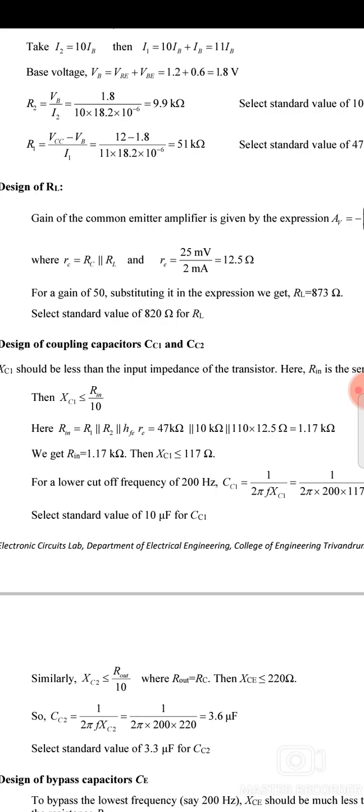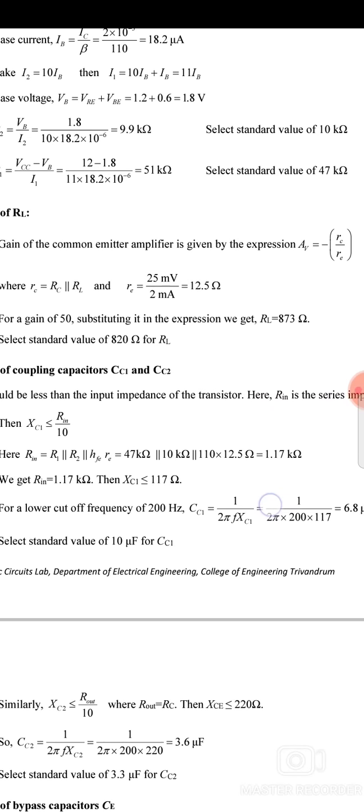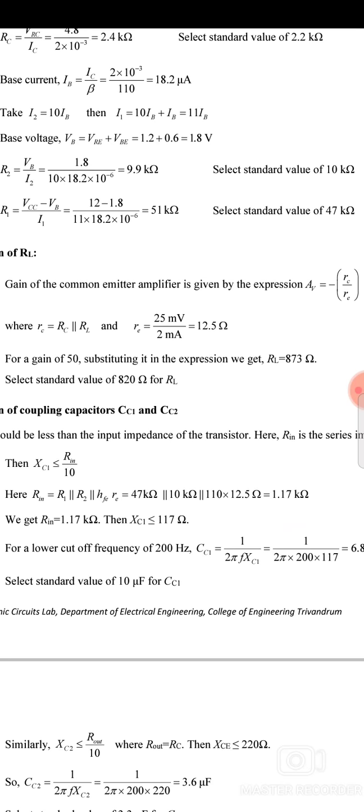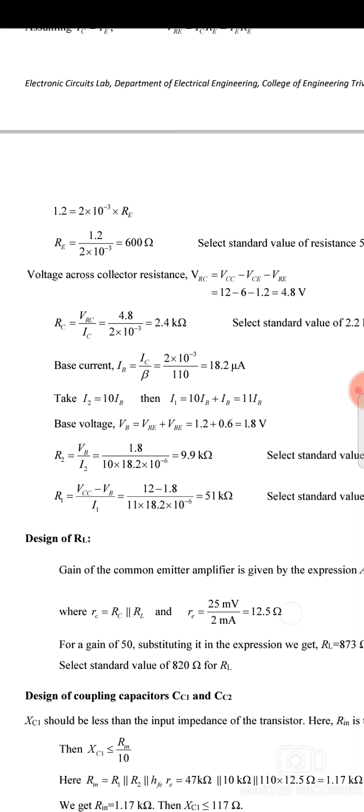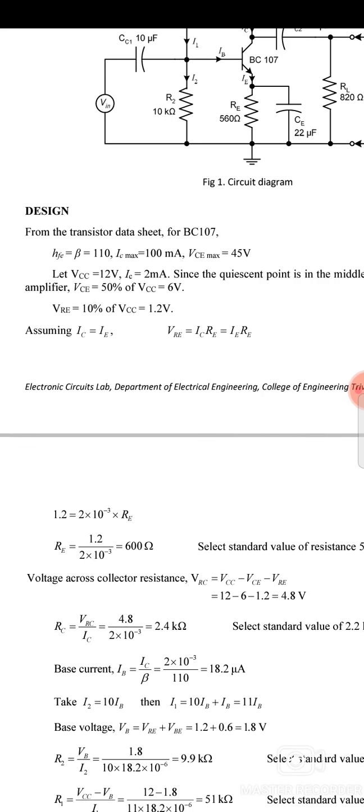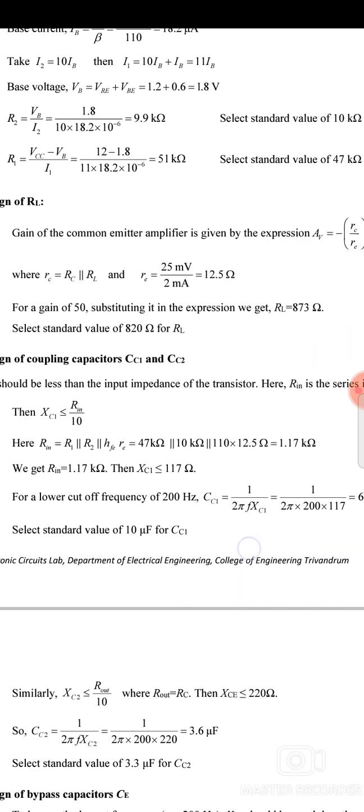The two output terminal resistors RC and RL are in parallel, and re is equal to 25 millivolts by 2 milliamps, where 2 milliamps is IC. Implementing that value, re is 12.5 ohms.